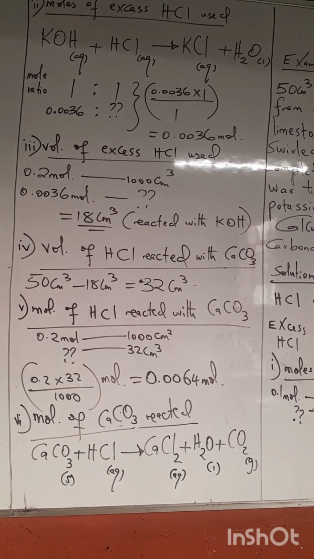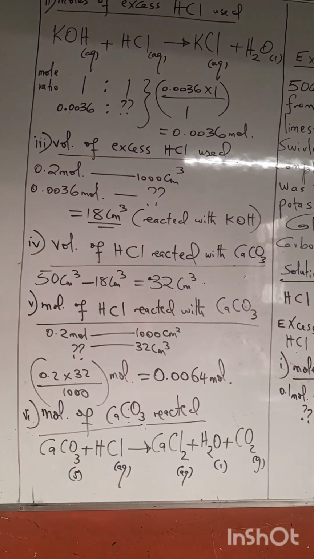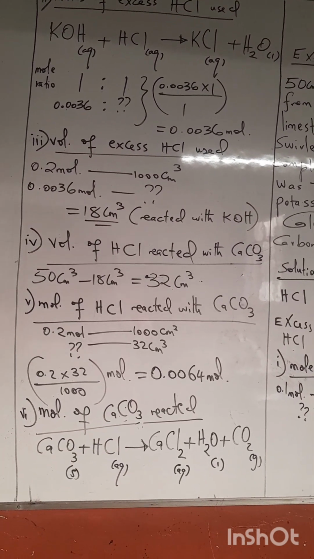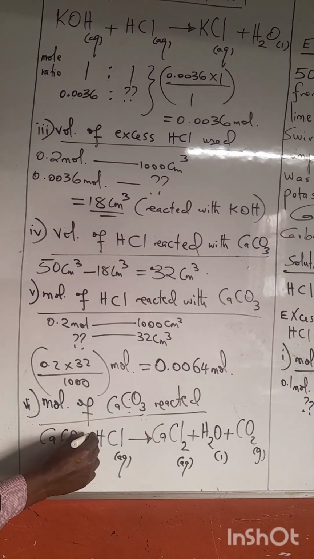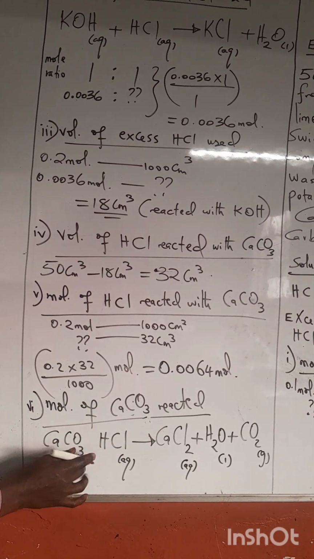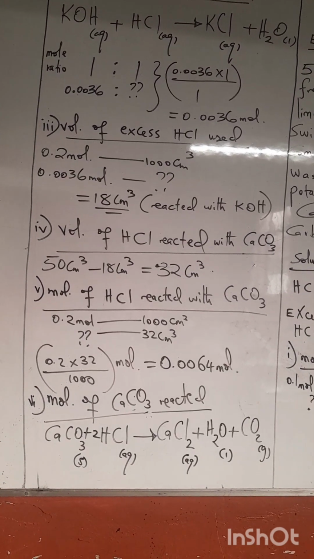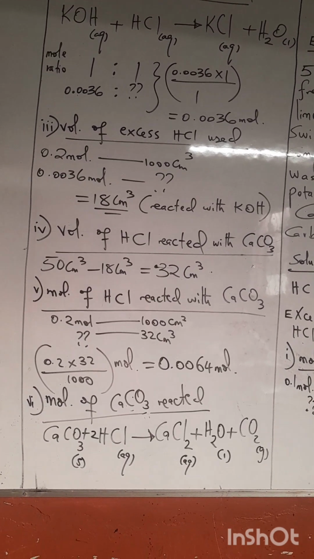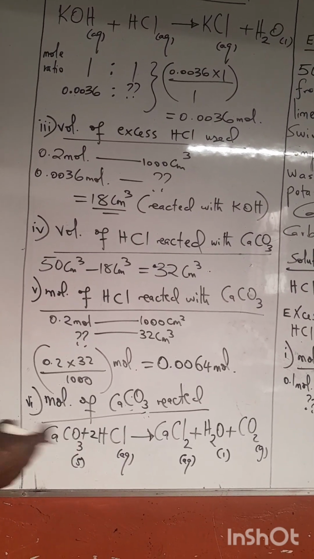Look at that equation. Is it balanced? What are we supposed to do to balance it? Since we have 2 chlorine atoms on this side, we can put 2 behind here. What else? Is it now balanced? Confirm. It's balanced.